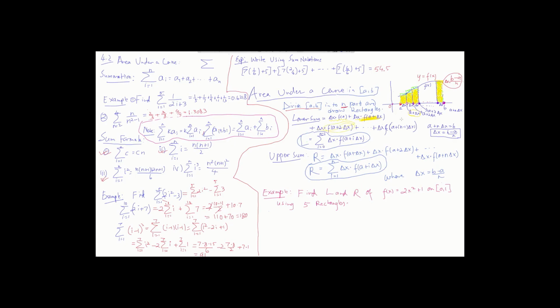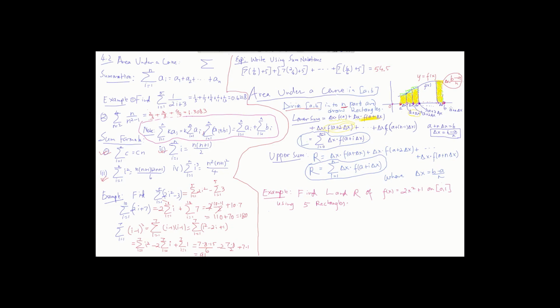Similarly, for the last one, what is the height? We are taking the height as the left side. You are making n delta x's there, n pieces, so b is a plus n delta x.